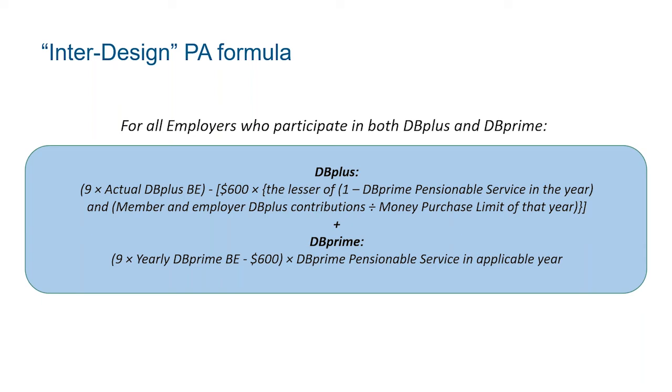You may ask, why not simply calculate two PAs, one for the DB Plus portion of the year and another for the DB Prime portion, and add them together? The problem with that is that for members with high earnings, this may result in a total PA offset between the two portions of the calculations that may exceed $600. However, the ITA stipulates that the total PA offset that a member receives cannot be more than $600.